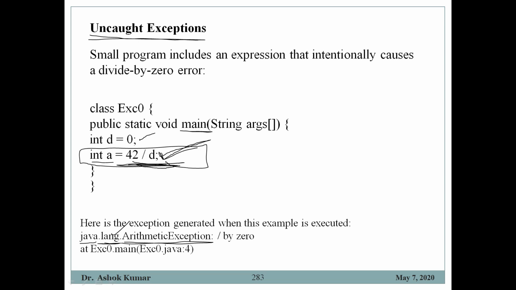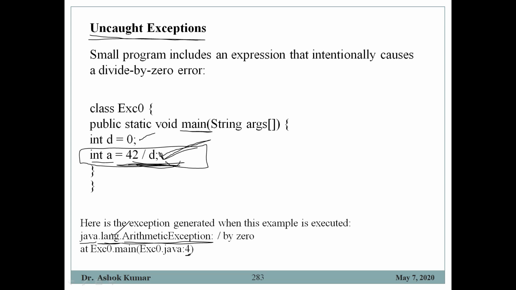It will display the ArithmeticException object, and when it is displayed by the default exception handler, you get the details about where the error condition occurred. This shows that the exception occurred at line number 4.